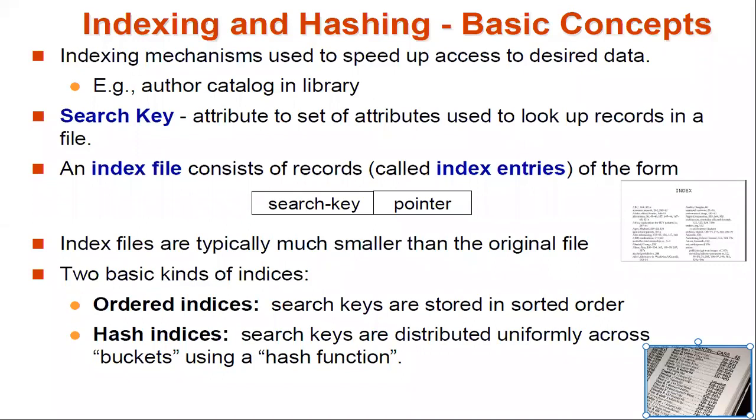Maybe you can think of one more example: the attendance register, the name list. How are we storing your names? Your names are arranged in alphabetical order, and based on that order we have this name list. If you want to search for a particular name from your name list, even if you have 1,000 or 10,000 records, it will be much easier to point out and select the particular name.